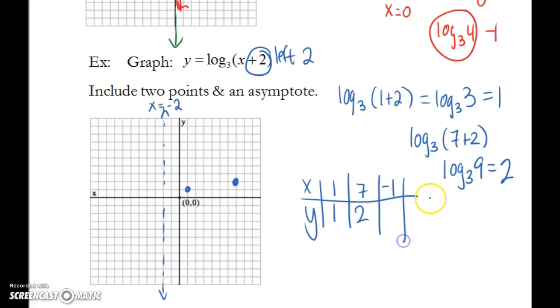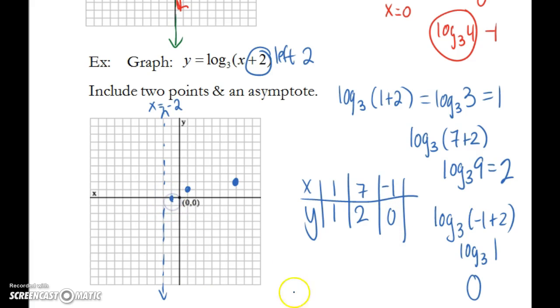We don't need 3 points, but let's see what happens. If we pick -1, we have log base 3 of -1 plus 2. That's log base 3 of 1, and anything to the 0 power is 1, so our power is 0. So (-1, 0) is another point on our graph. Again, we know what the shape looks like. Connect the points to get your log graph.